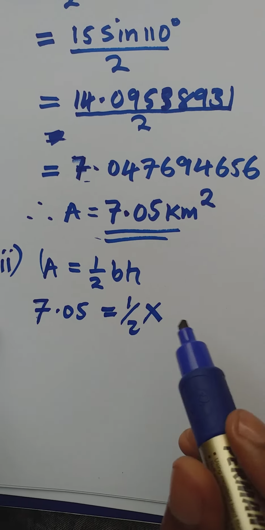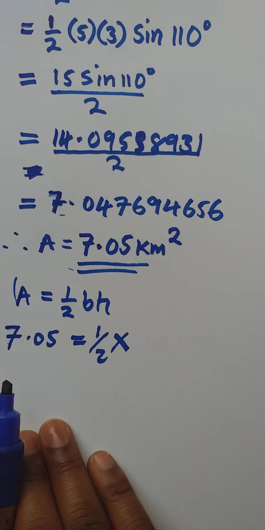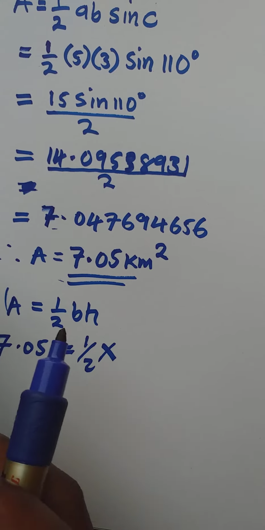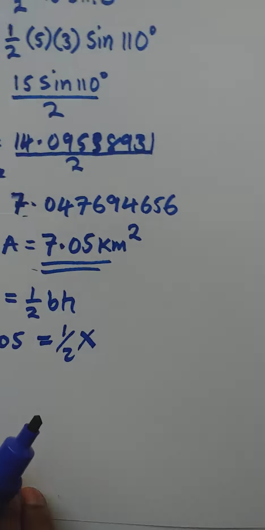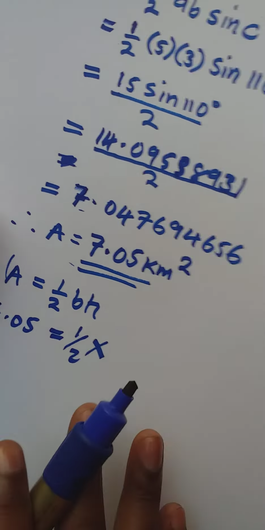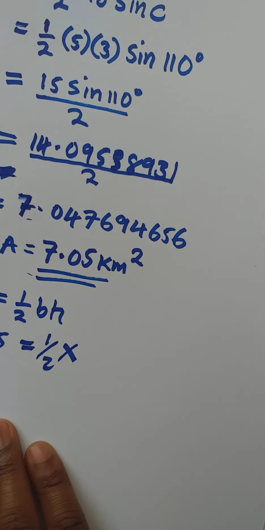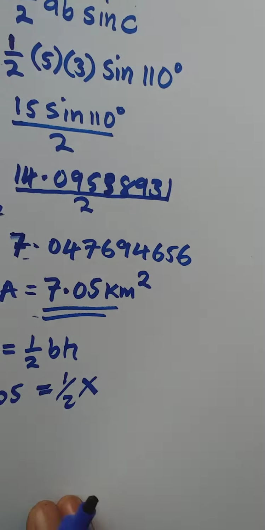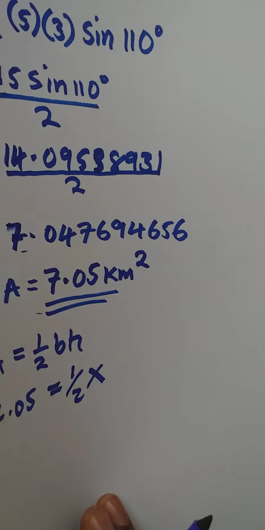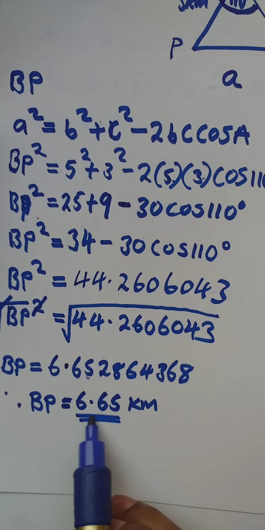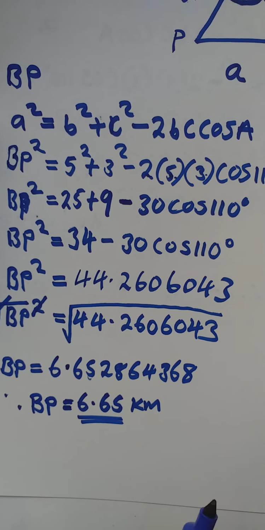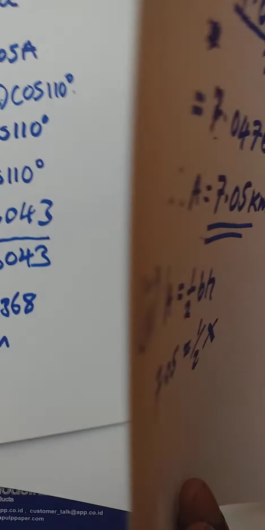In this case, we remember that's the first value we calculated for BP. If you remember very well, the value that we calculated at first for BP, which is this one, will be our base: 6.65.